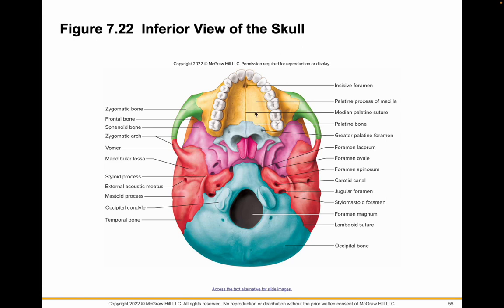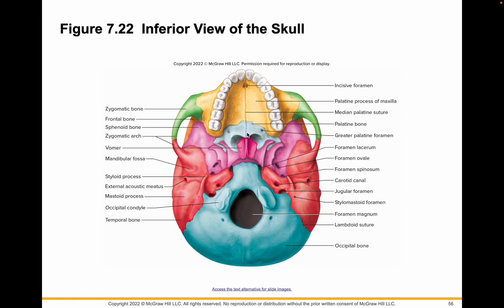All right. Right here is the palatine bone. Yeah, I was like, what? I was looking, and so here's that palatine, and part of it makes up the eye socket as well. So where is this?